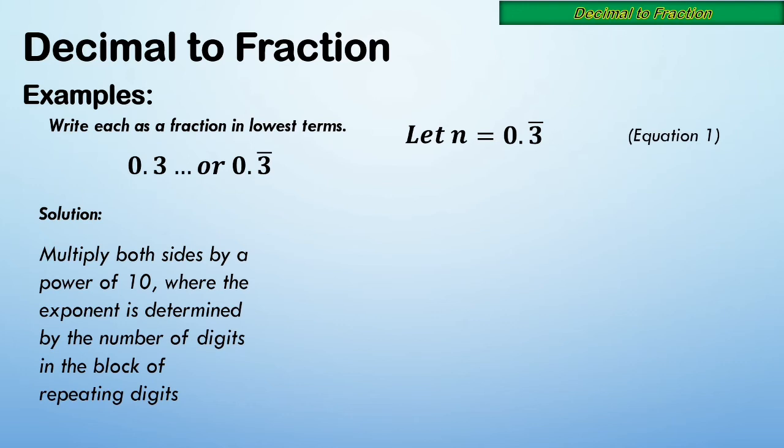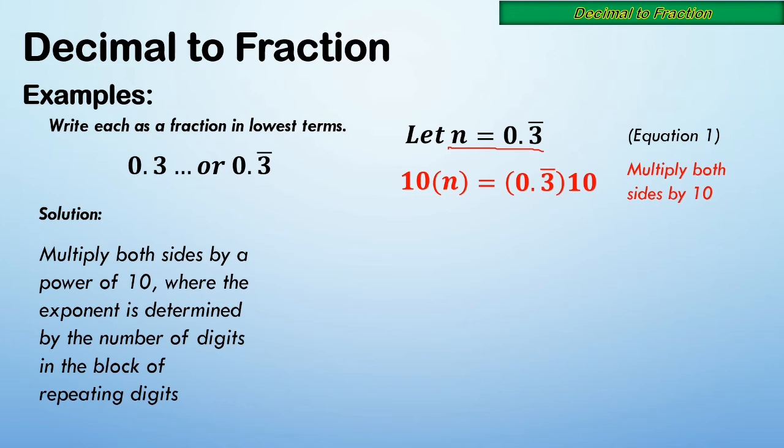Okay, next, that is our equation 1, which is n is equal to, yan, that would be our equation 1. Multiply both sides by 10. Okay, ayan. Si n, multiply natin ng 10. Then, 0.3 and so on, or 3 na may line sa ibabaw.